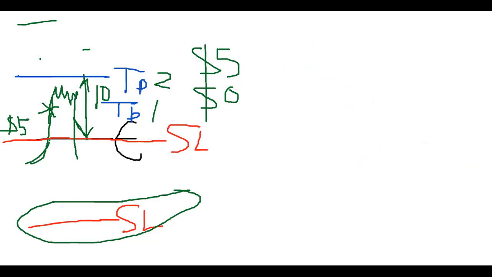But what if the reverse is the case? Whereby it comes here, maybe probably it was consolidating. From this consolidating point, it went up, it went further to hit TP2. Then glory be to God, because you just had an additional 10 added to the previous 5.